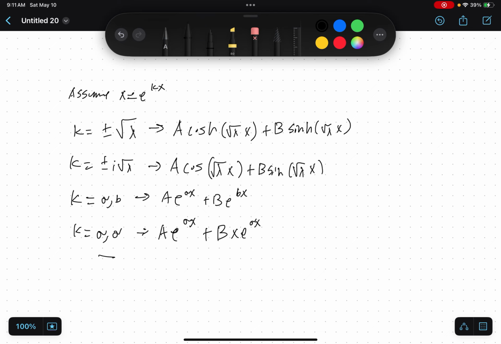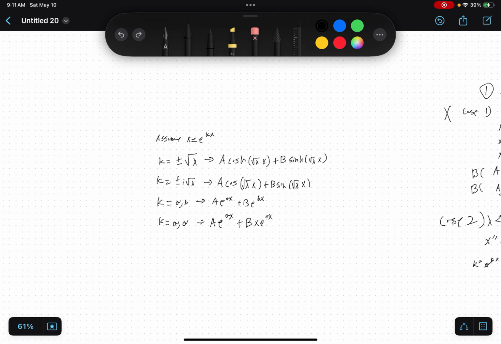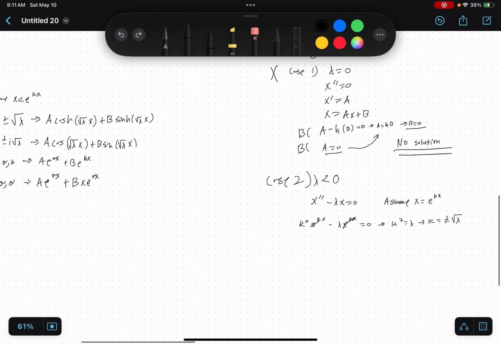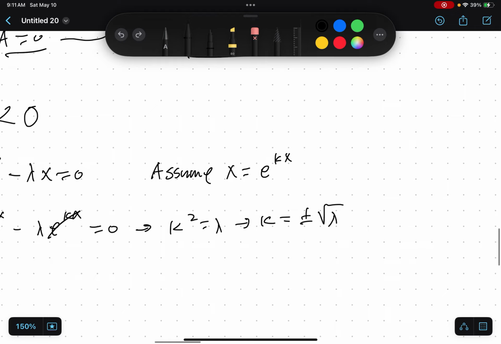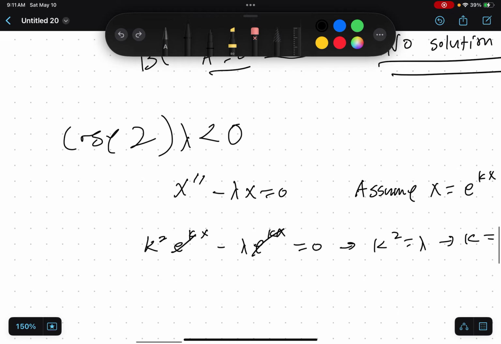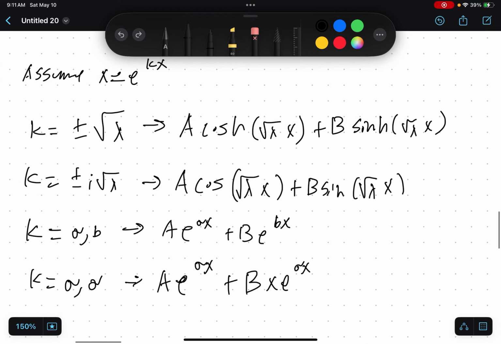So if we get repeated solutions, we have to multiply one of them by x. So in this case, we have plus minus root lambda, so we have the hyperbolic one.